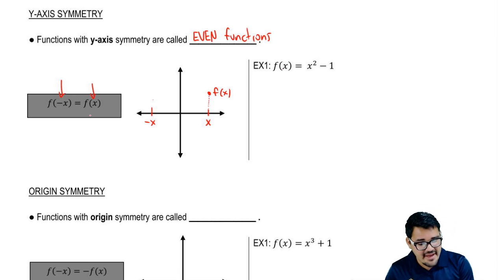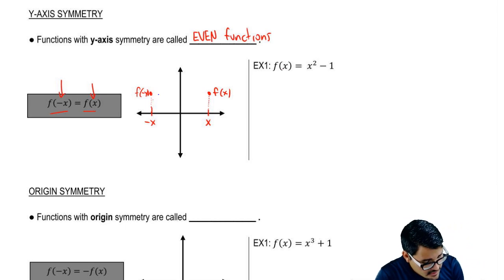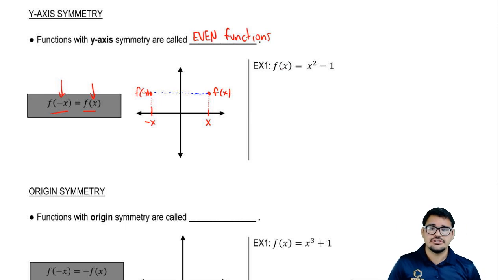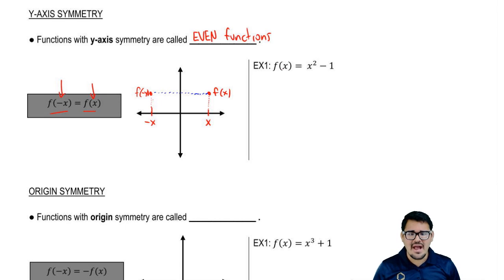But it says that f of x has to be equal to f of negative x. So that means that f of negative x's y value is going to be up here, right? And it's going to be exactly the same as f of x's. So since they match, since their y values are the same, although you're on opposite sides of the x, that means that you have y-axis symmetry.